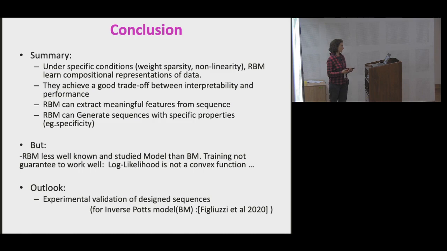We have seen how in practice you fix the hyperparameters of the network. And for the designed sequences, we have a collaboration, for example, with the group of Rama Ranganathan, which is able, from a given sequence, to synthesize the corresponding protein and to experimentally validate the functionality of this protein.